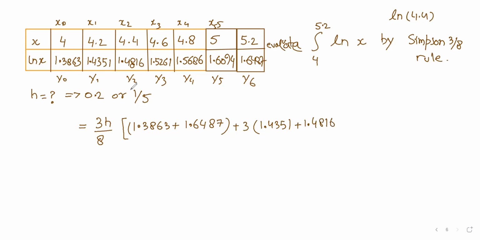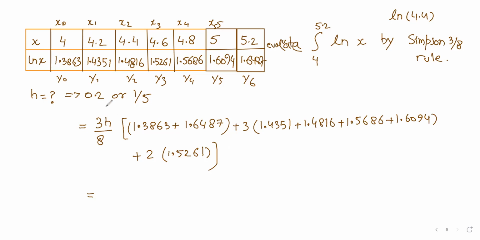This is y1, y2, y4, and y5. y4 is equal to 1.5686 plus y5, 1.6094. And finally, 2 into the multiples of 3. The multiple of 3 over here is only y3, 1.5261. That's it.